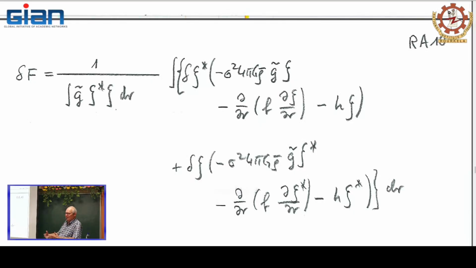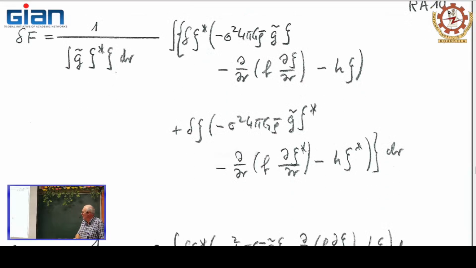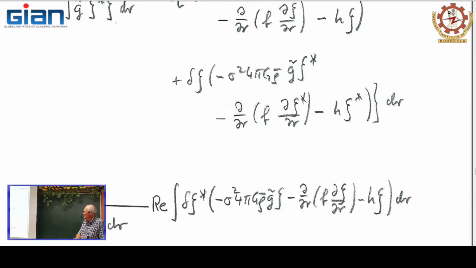What do we get if we have a complex number and we add its complex conjugate? You are left with 2 times the real part.